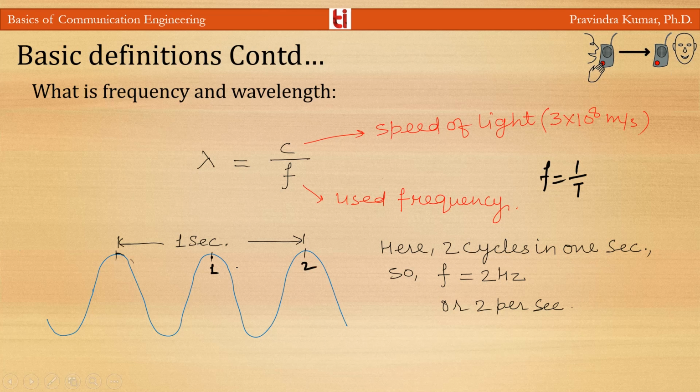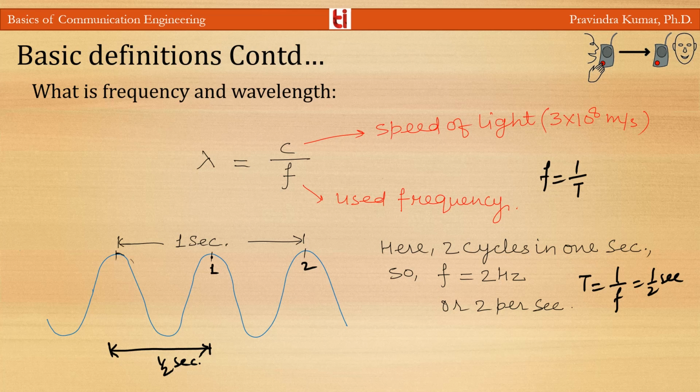So the frequency is 2 hertz and the time period T is 1 by f, or you can say 1 by 2 second. The time period means the time to complete one cycle.